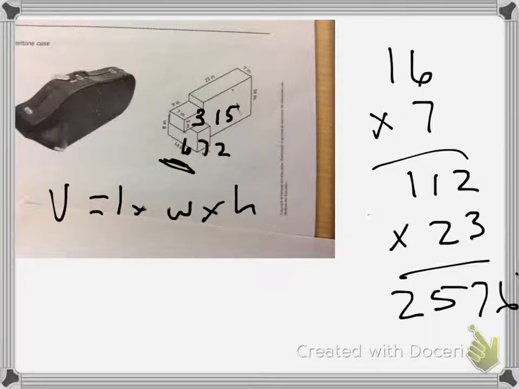So this big piece is 2,576. This one goes with the big one, this one goes to the little one, and 672 is that bottom piece.